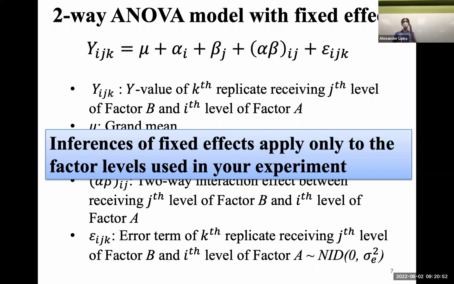Instead of your main effects and two-way interaction effects being parameters that are going to be estimated, they're going to be random variables. We usually assume they follow a normal distribution, and things get a lot more fun. I'll elaborate on the answer to that question on the next slide.